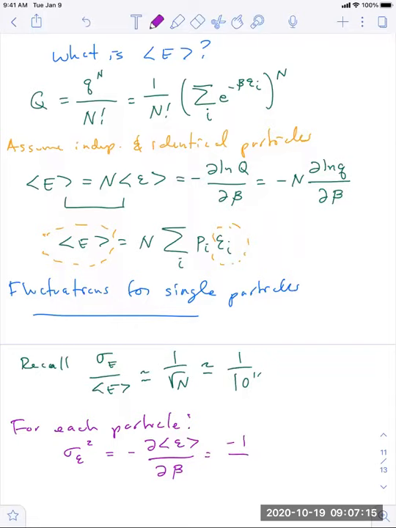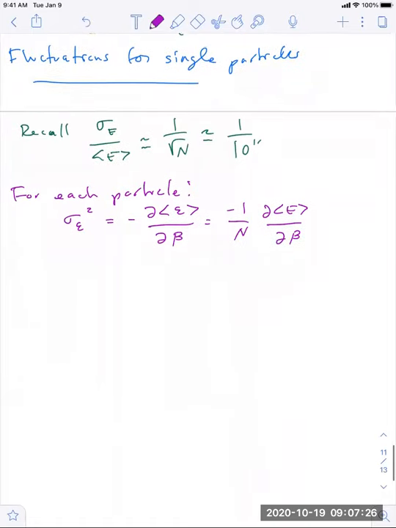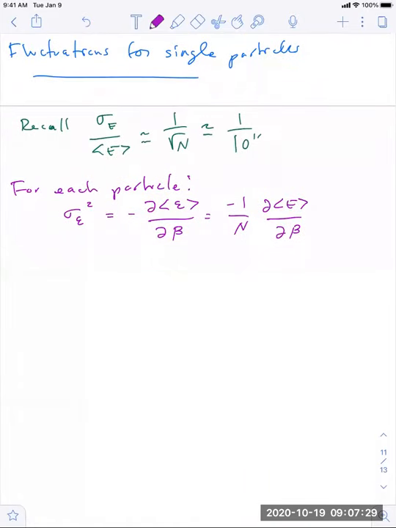So this is going to be 1 over n times the partial derivative of the total energy with respect to beta. And we remember that that is related to the heat capacity. And similarly, to get the magnitude of relative fluctuations, we want the standard deviation in the property with respect to the average of the property.